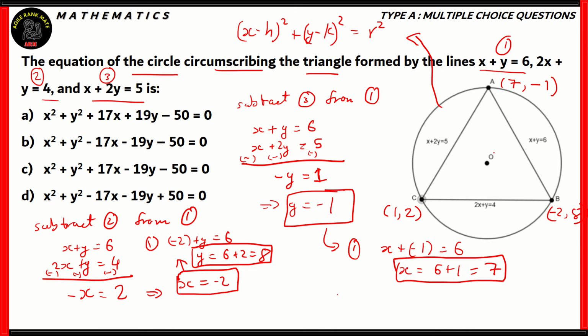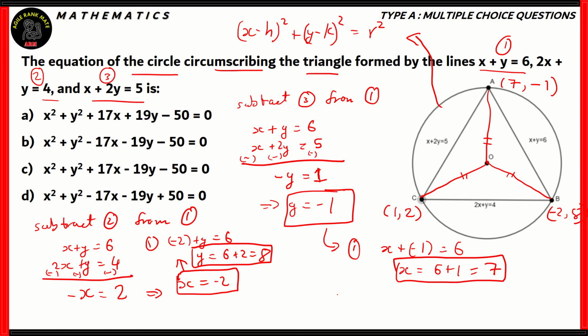Now we know that the radii of the triangle are equal. So the distances between O and A, O and B, and O and C are equal. So these three lines are equal because the vertices of the triangle are lying on the circumference of the circle.